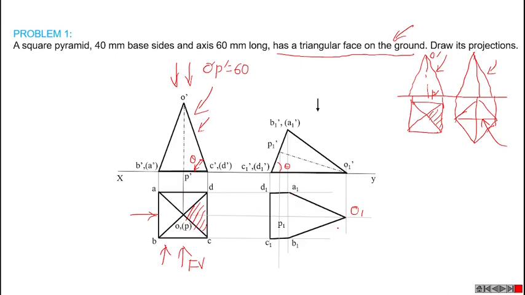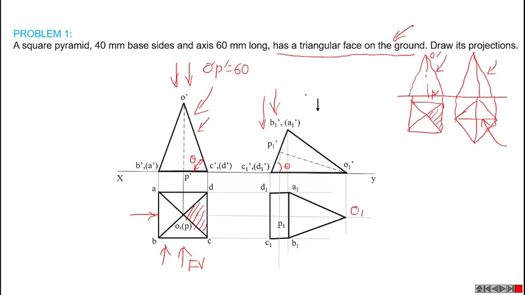Those edges must be in thick line. Then in top view, A, B, C, D, all corners are visible. This visual ray will touch all the points A, B, C, D. All points are visible, so the rectangle A, B, C, D in the secondary top view must be in thick line. That means the base part is completely visible.